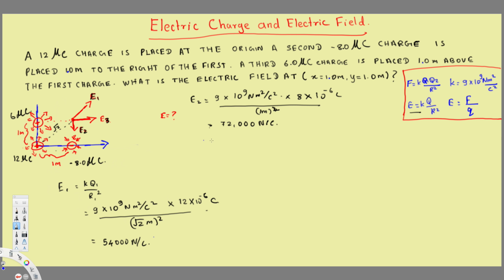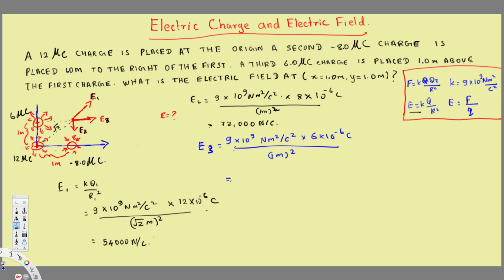Right, let's do the third one. So the third one is 6 microcoulomb. The only difference is 6 microcoulomb instead of this, because the distance is also 1 meter for this one. So let's do this one right here. 9 times 10 to the power of 9 Newton meter square per coulomb square times 6 times 10 to the power of minus 6 coulomb divided by 1 meter square.